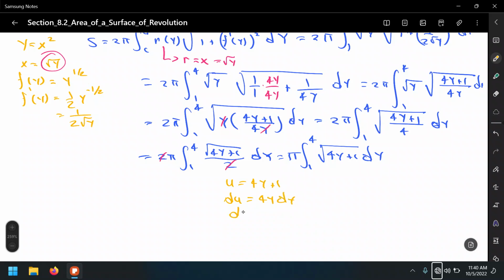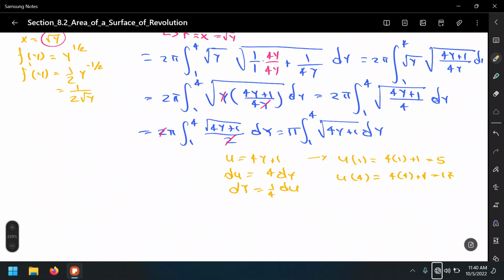That means dy will be 1/4 du. And changing the limits, that's u of 1 and u of 4: 4 times 1 plus 1 is 5, and 4 times 4 equals 16 plus 1, that's 17.